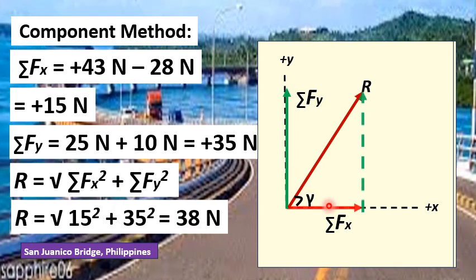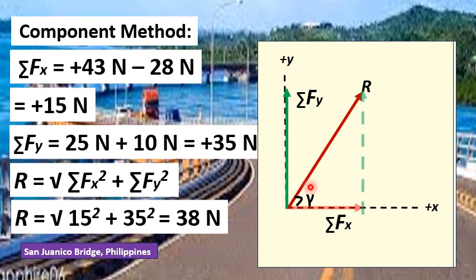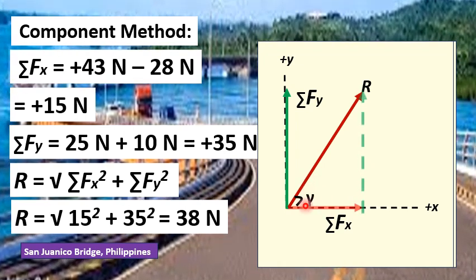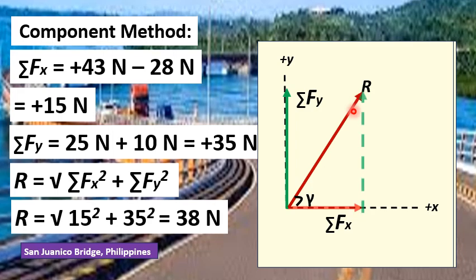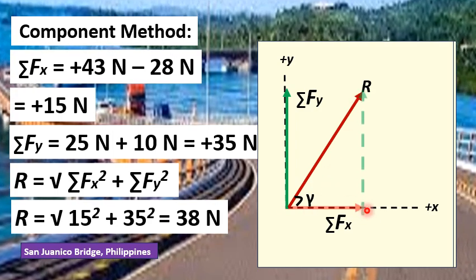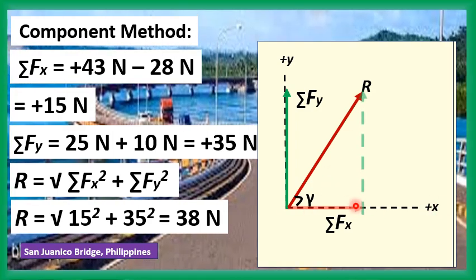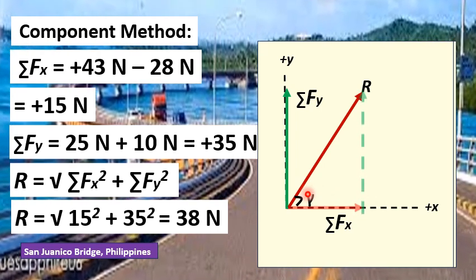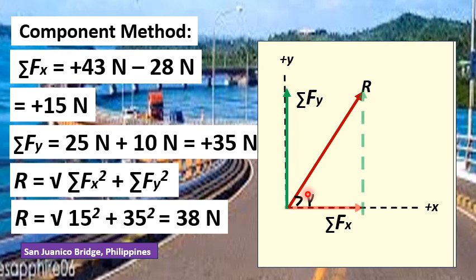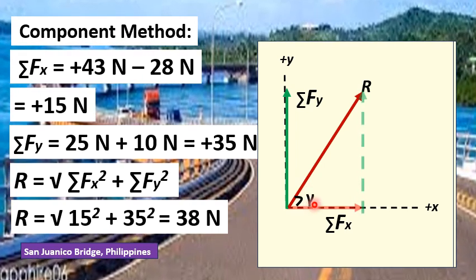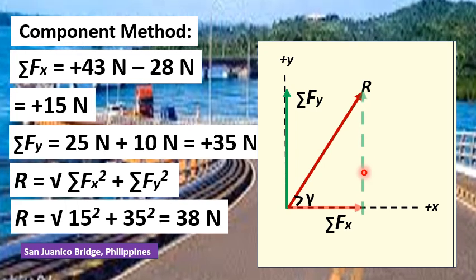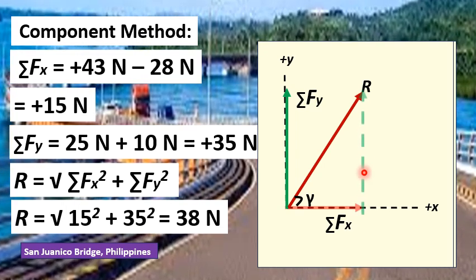And to determine the direction of this resultant force, we again define an angle. In the diagram, the angle formed by the resultant force vector with the positive x-axis, we label it here as angle gamma. So, in determining the value of this angle gamma, we make use of the meaning of the tangent of the angle gamma.